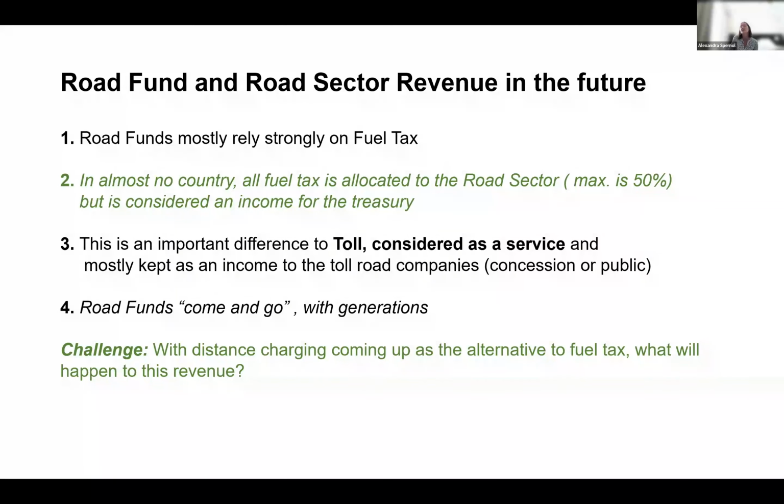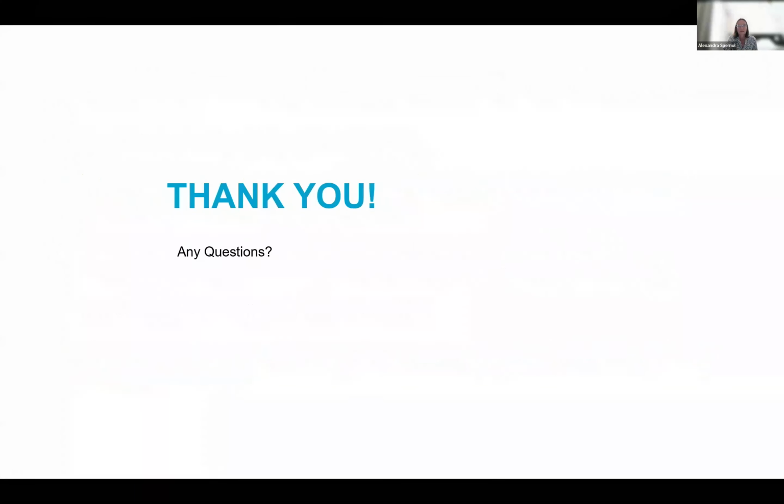Or will it be considered as a toll, meaning a polluter pays principle for a service, and will remain in the road sector? I think this is one of the big challenges with the change from the fuel excise tax to any other tax on electricity, on distance: to keep this tax within the road sector and not as a general revenue.